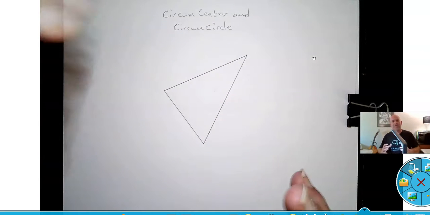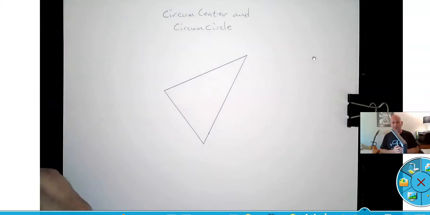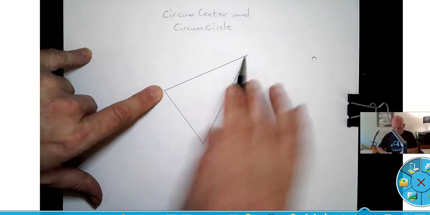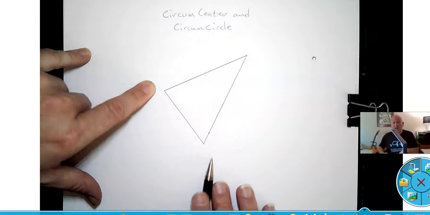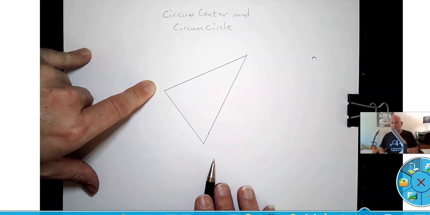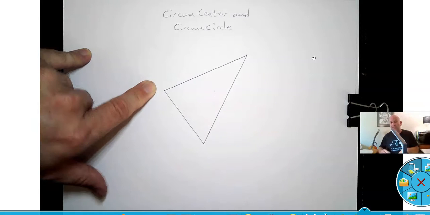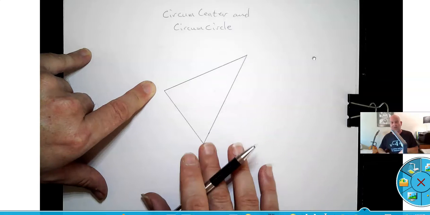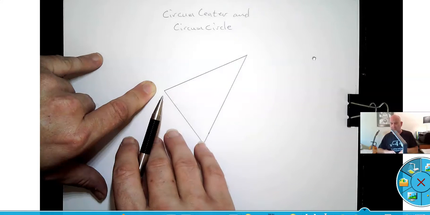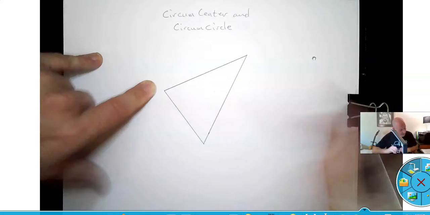If they are all acute angles, then the circumcenter is on the inside. Since we have no obtuse angles here, I'm pretty sure all of these are less than 90 degrees, the circumcenter is going to be on the inside of the triangle.